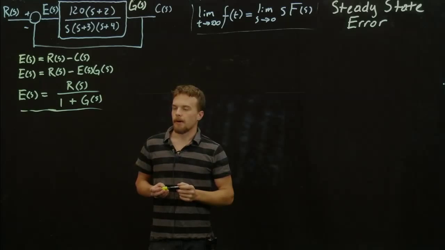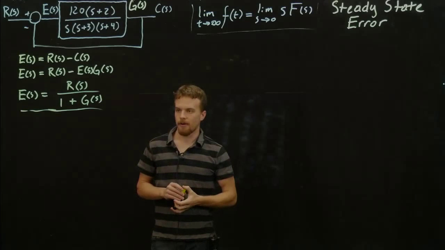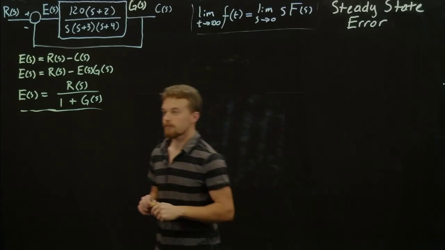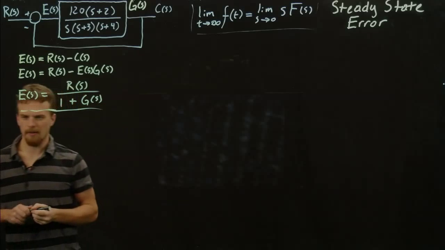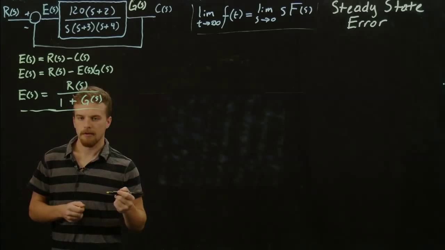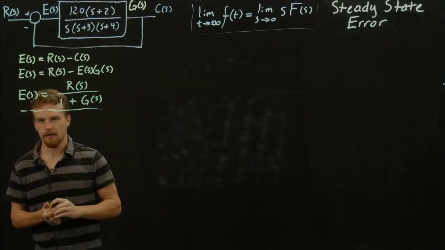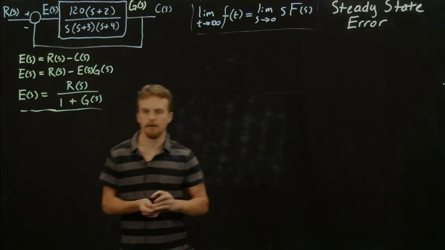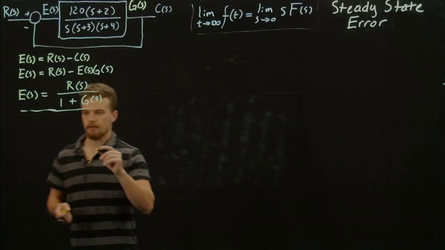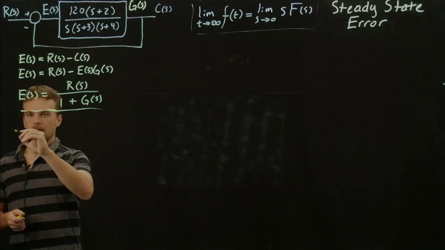So now we're going to come up with a few different inputs R of S that we could input into the system. We'll come up with 3 different ones, and we'll number them 1 to 3. Let's come up with time domain expressions first, and then find their Laplace transforms, because time domain expressions are easier to think about.